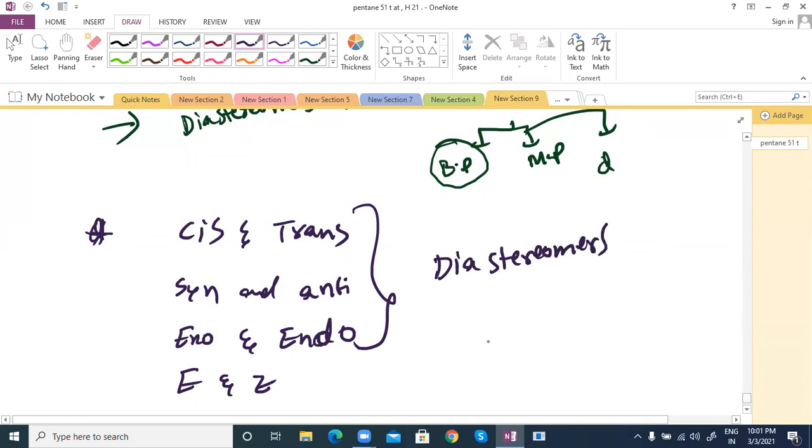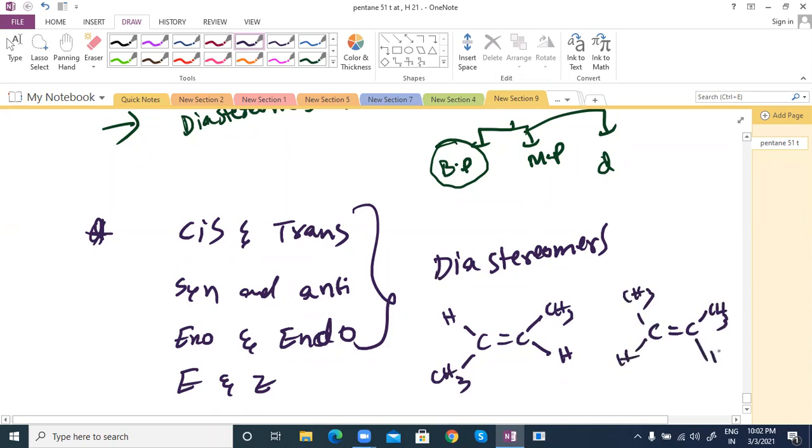Now we can see cis and trans. Sir, what is exo and endo? We'll discuss that, otherwise I will upload it. This is the trans compound. This is the cis compound. Is there any chiral center here?